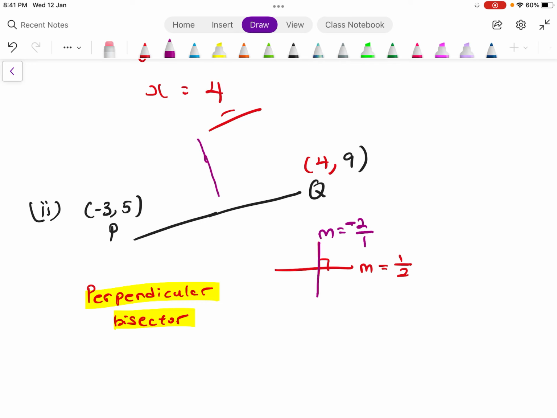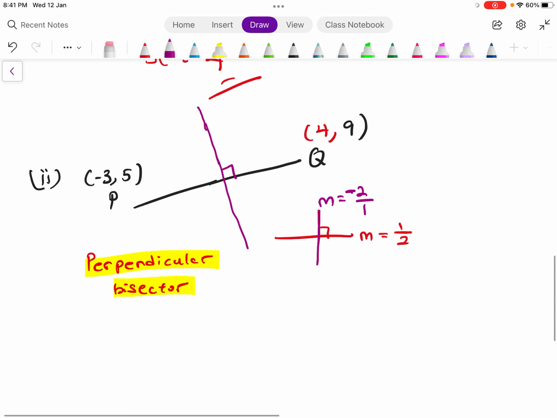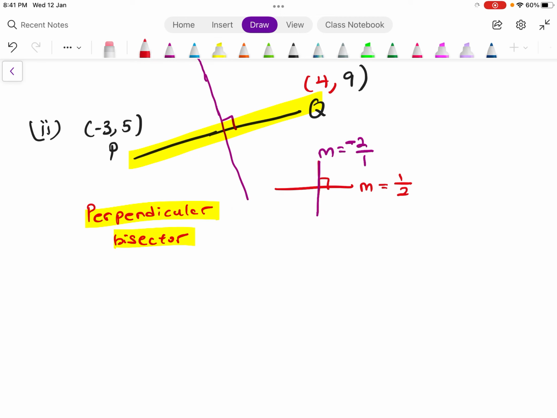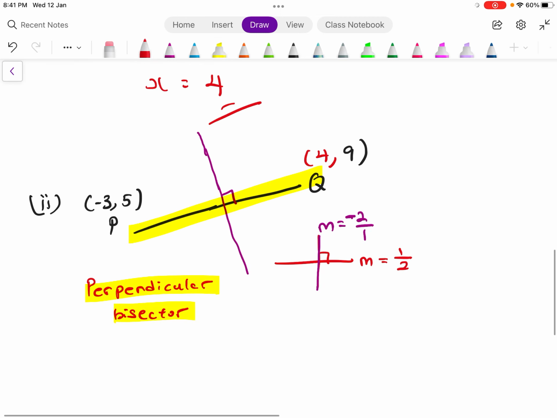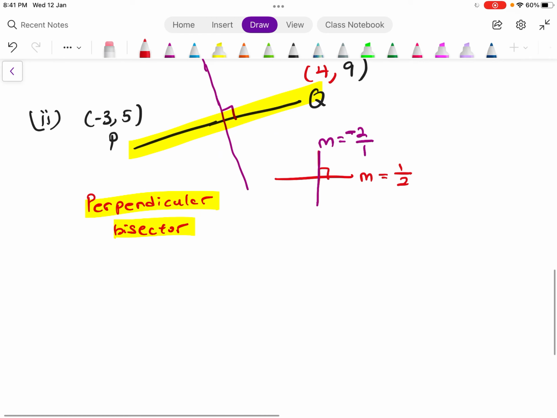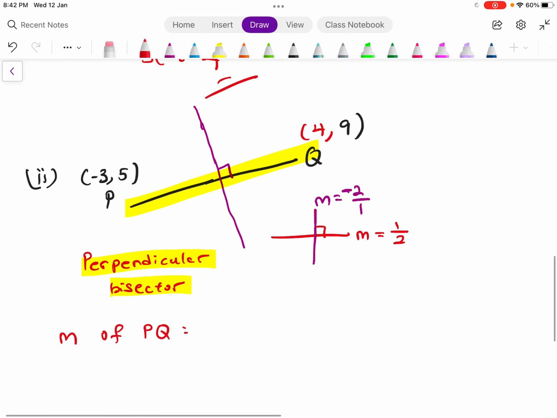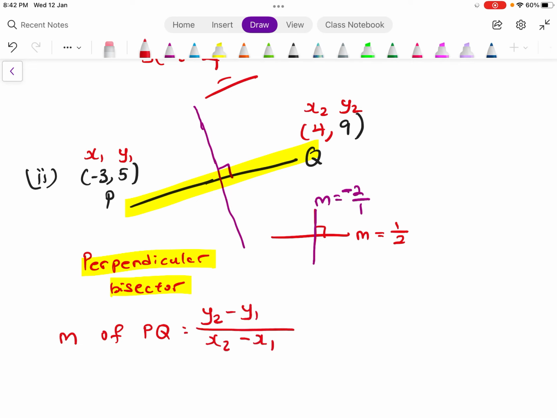The perpendicular bisector, I just draw as a purple line right here. First thing first, I need to find the gradient of PQ, because I need it in order to determine the gradient of this purple line. So the gradient of PQ is y2 minus y1 over x2 minus x1.